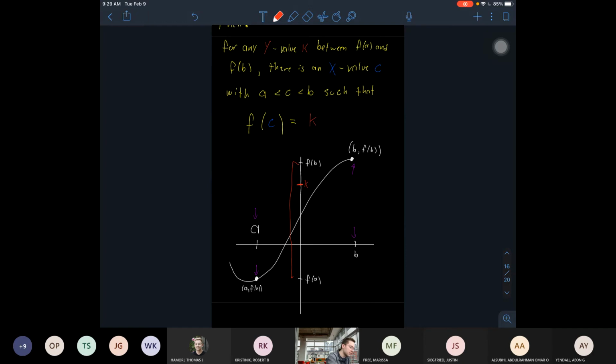Now what this says is that there is an x value, c, which is between a and b. So we have an x value somewhere in this green region, such that the height of the function evaluated at c is going to be that height k.